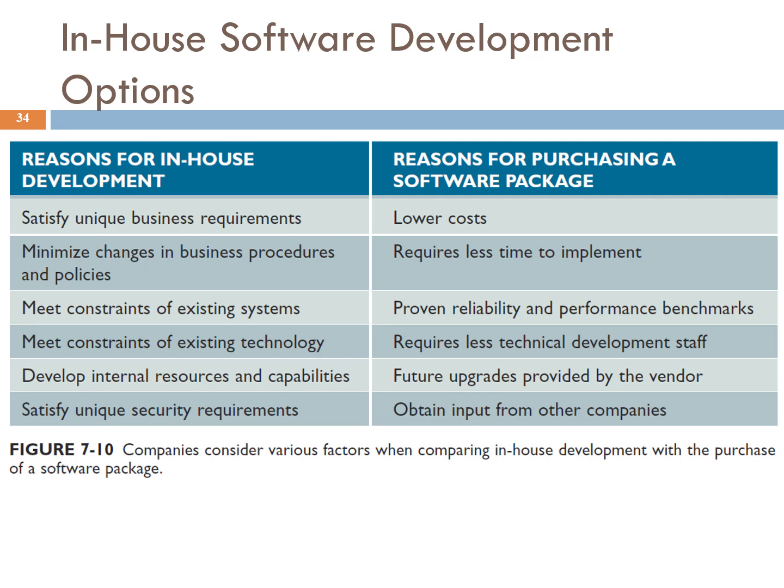We can see in-house development to satisfy unique business requirements, minimize changes in business procedures and policies because you don't need to deal with outside companies, meet constraints of existing system because you know your existing system, meet constraints of existing technology, develop internal resources and capabilities, and satisfy unique security requirements.